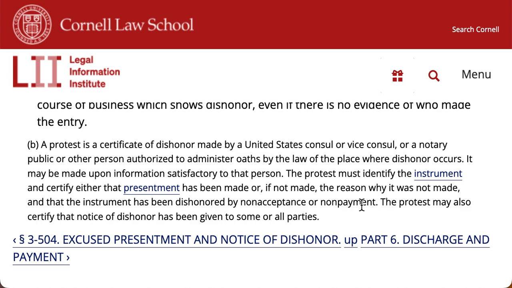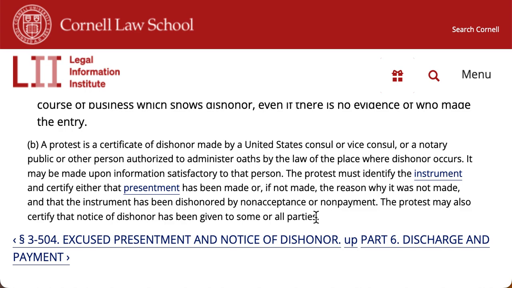In our case, it's going to be non-acceptance because the person who accepts the instrument has the obligation to present it to the Treasury or wherever it's supposed to go for payment. And then if it's dishonored, their remedy is to get their protest or their evidence of non-payment. But if they just ignore everything as they usually do, then that's non-acceptance, and we have to get the evidence of non-acceptance. The protest may also certify that notice of dishonor has been given to some or all parties.